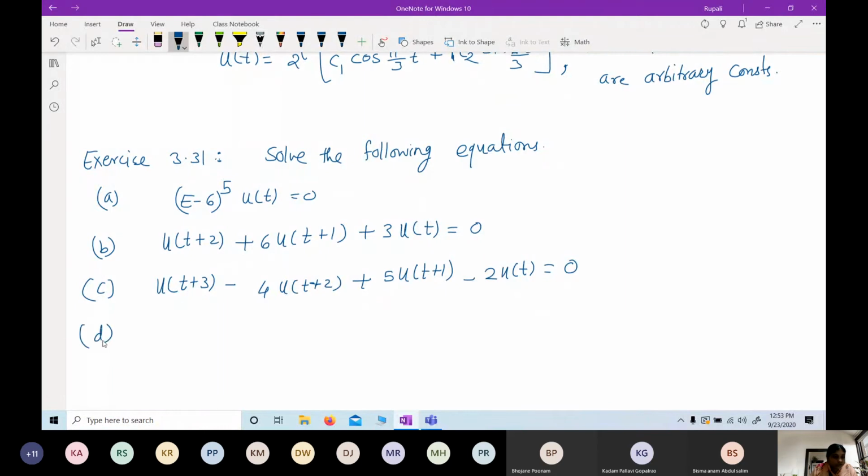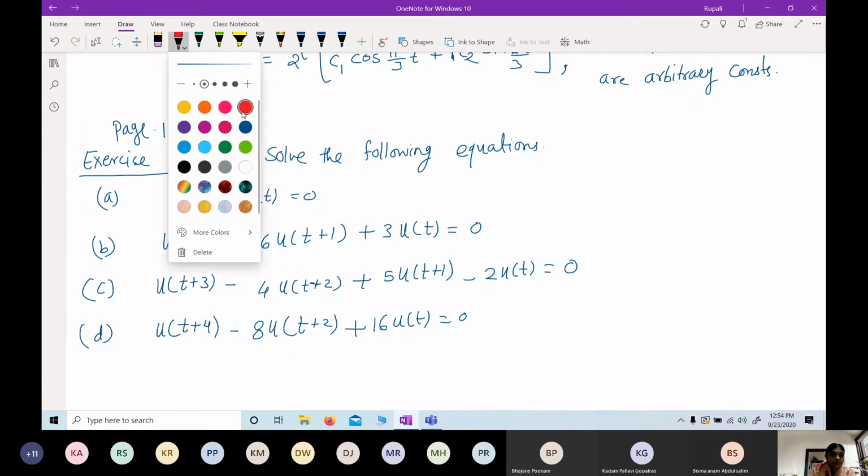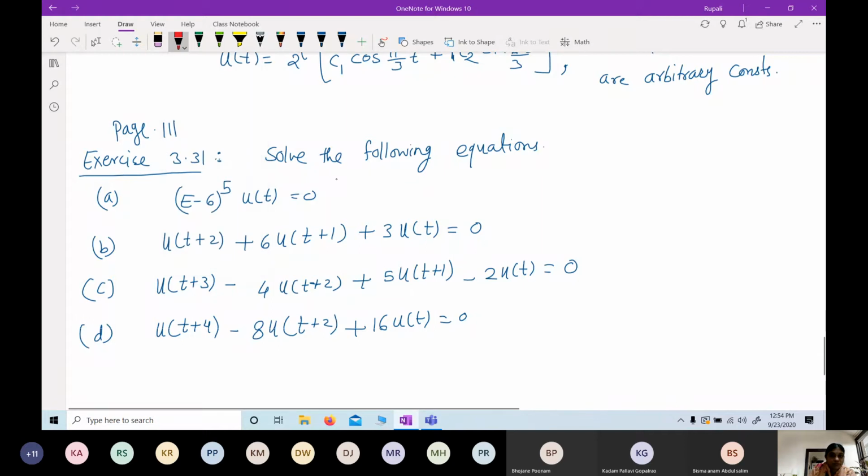And D: u at t plus 4 minus 8 u at t plus 2 plus 16 u at t is equal to 0. Page number is 111. This is already solved.